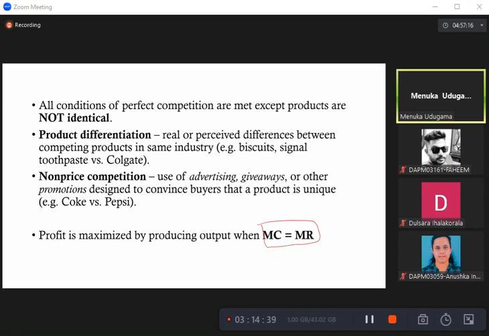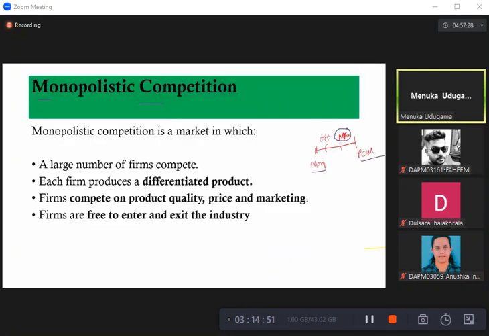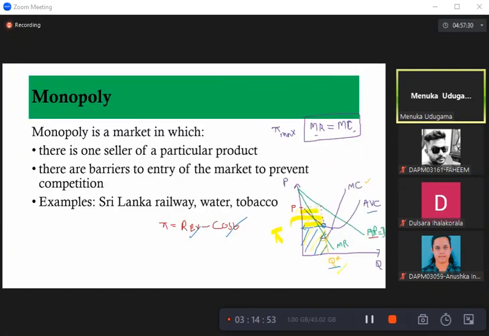And where will they price? Since this is again an imperfectly competitive market, they would price where their marginal cost equals marginal revenue. You will draw the same graph as before, but the only difference is that because there are substitutes, as we discussed under elasticity, the slope of the demand curve will vary.